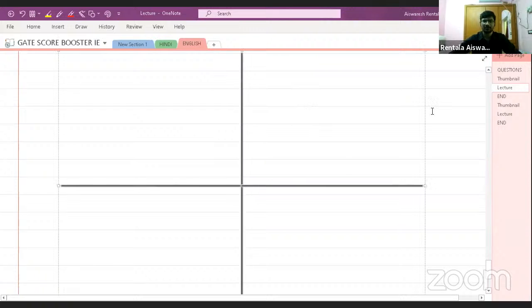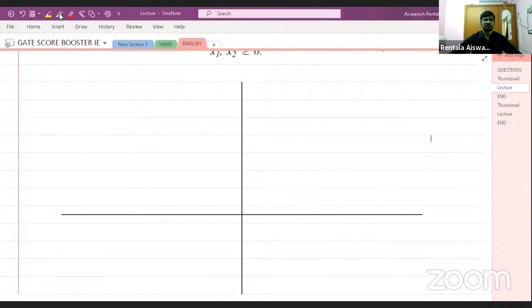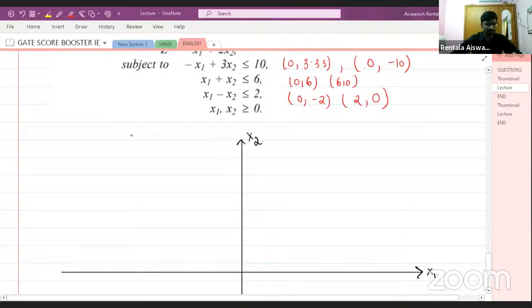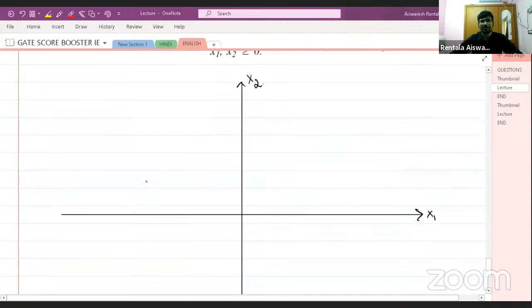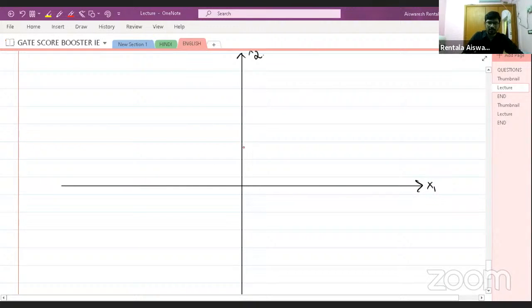On the x-axis I am taking x1, and on the y-axis x2. Let us plot these values: 0 comma 3.33, where x1 is 0 and the x2 value is 3.33. So this is 1 point.